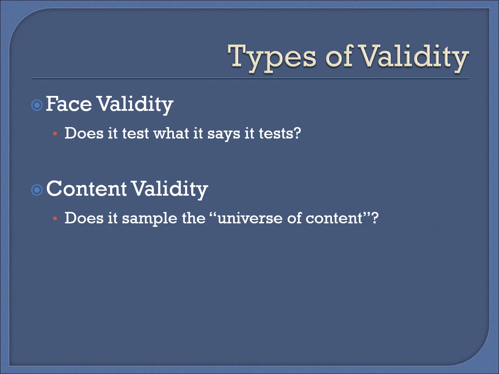Let's switch our focus now to discussing different types of validity. Two types of validity that are really important are face validity and content validity. Face validity, which is really the lowest form of validity, looks at whether or not a test really evaluates what it says it's going to test.